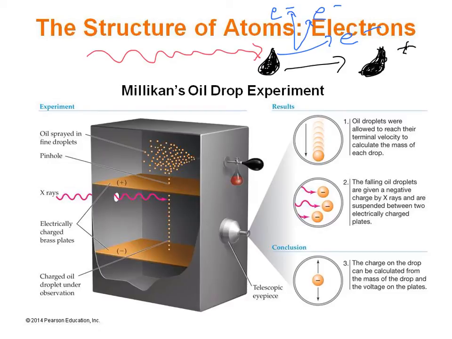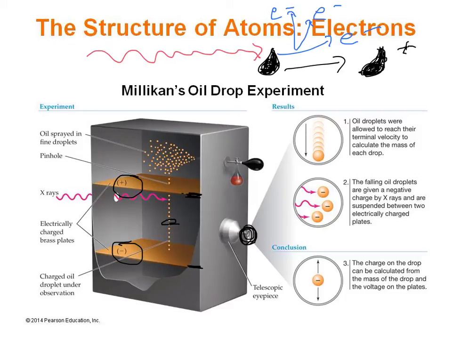These positively charged oil drops are then falling between two charged plates. Using observation by the human eye, he would manipulate the charge on the two plates until the charge of the two plates was enough to counteract the falling of the drop and freeze the drop in midair.